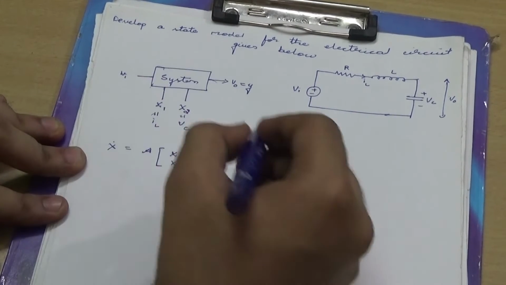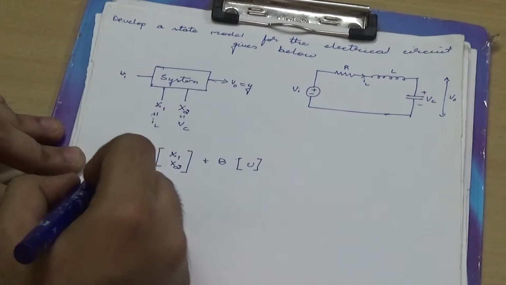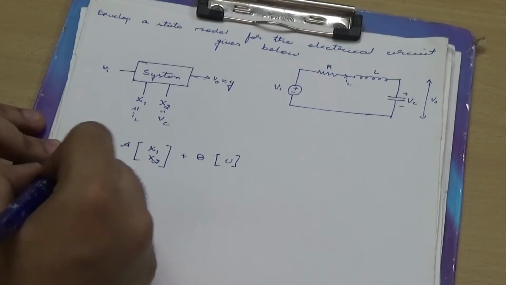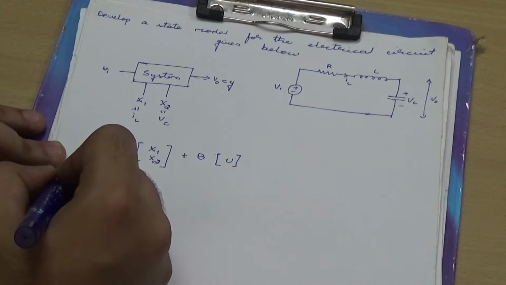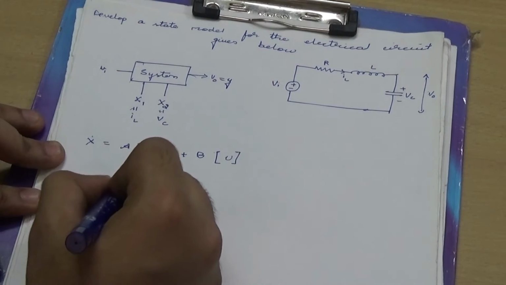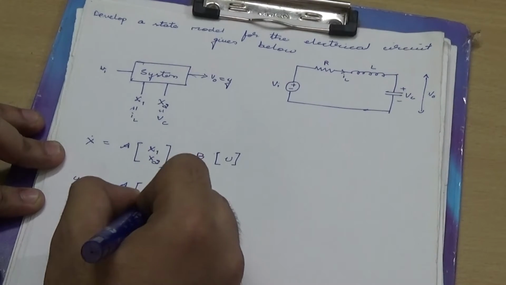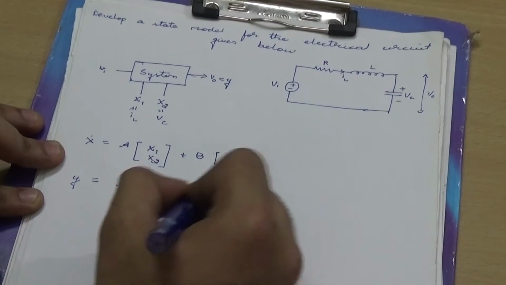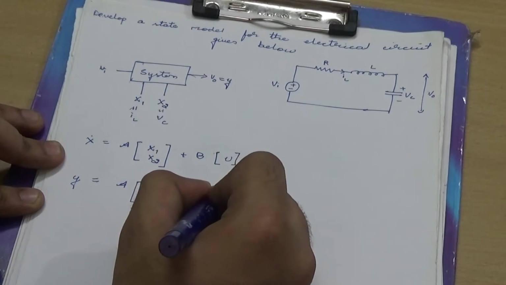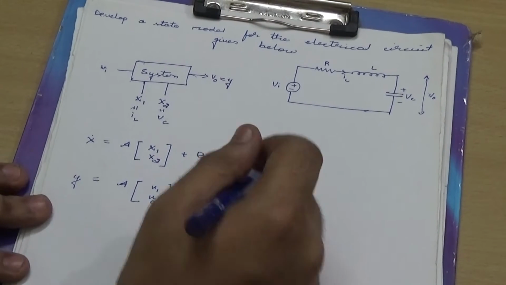Here the input is Vi, which I can represent by U. The output equation can be represented as Y equals C into x1 x2 plus D into U, where U represents the input.